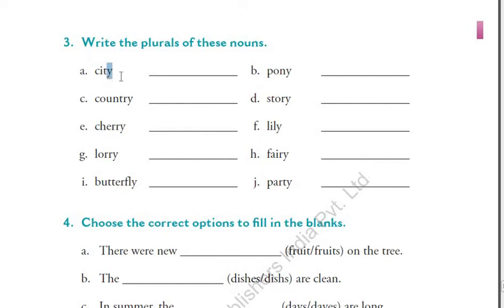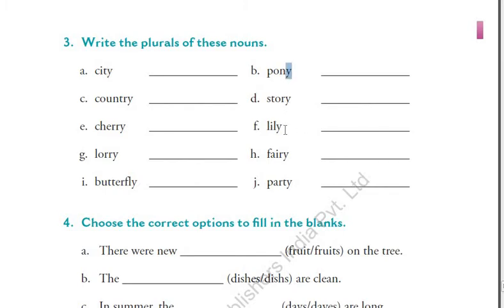And we need to replace Y with IES. So the word will be CITIES. Correct. So the answer will be CITIES. This is how we change the word. Same with pony. If we replace Y, it becomes PONIES.